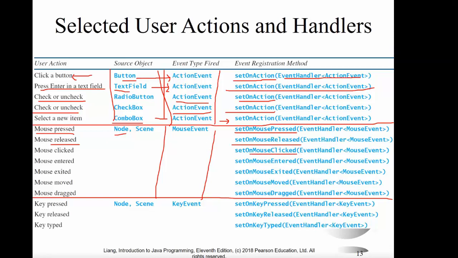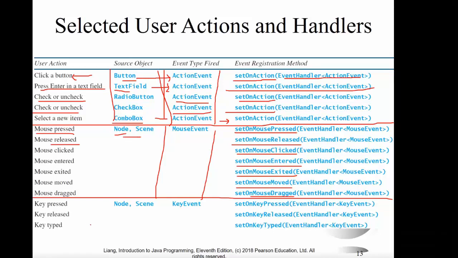What else? Oh, mouse clicked, mouse entered, mouse exited, mouse moved, mouse dragged. You know, drag is when you press the mouse button and you move something. So this is mouse dragged, mouse entered, mouse exited, mouse moved. Does that make sense? These are all events, and you can apply them to any node.